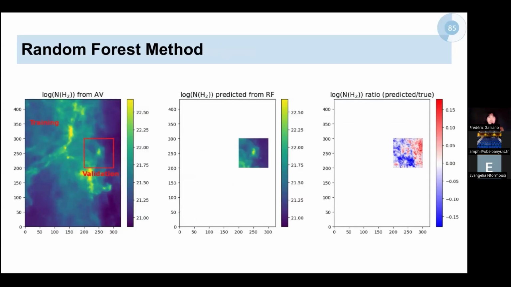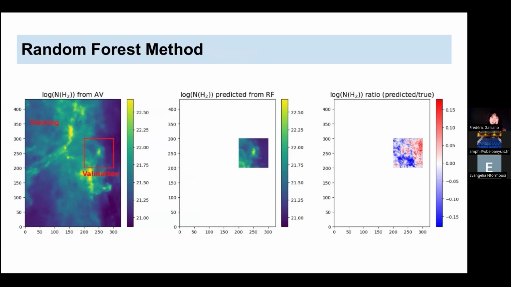To better predict the column density of H2, we use the random forest method. It is a supervised machine learning method that builds a lot of decision trees and combines them to get the final result for the column density.